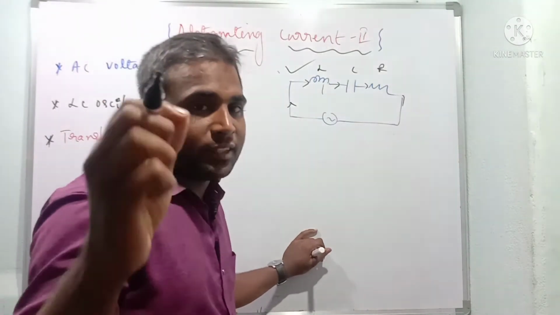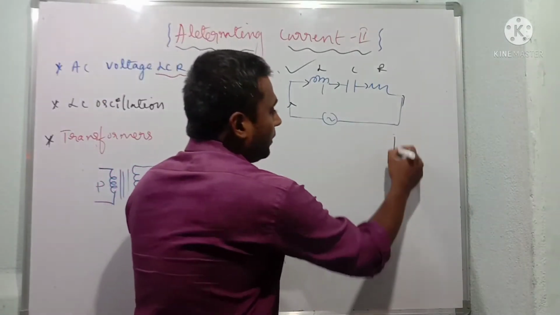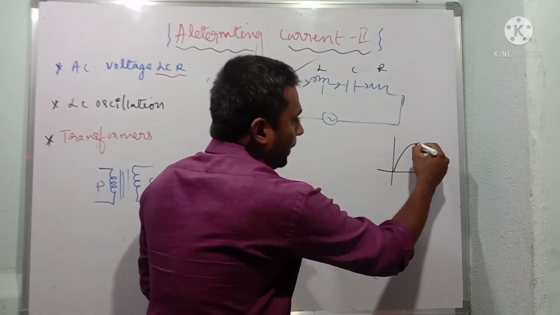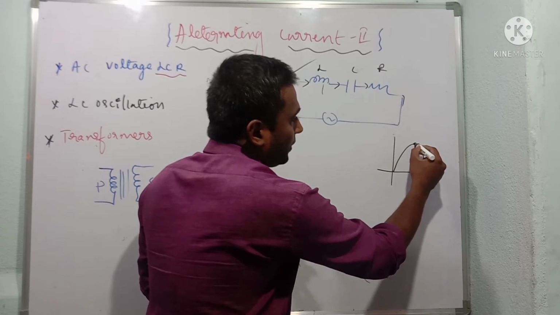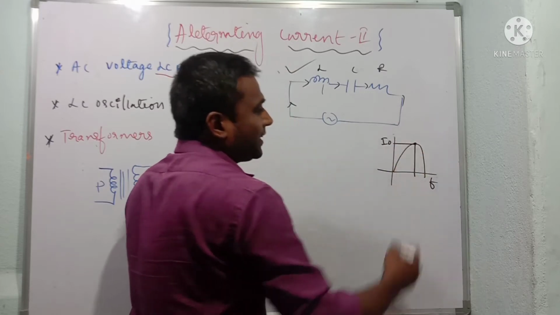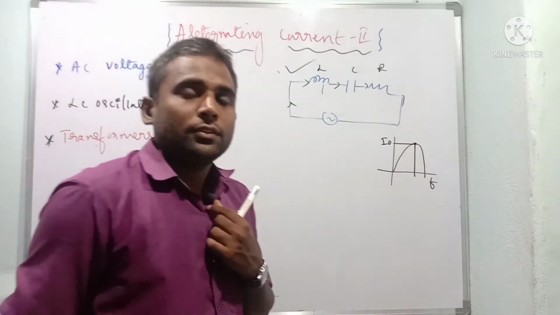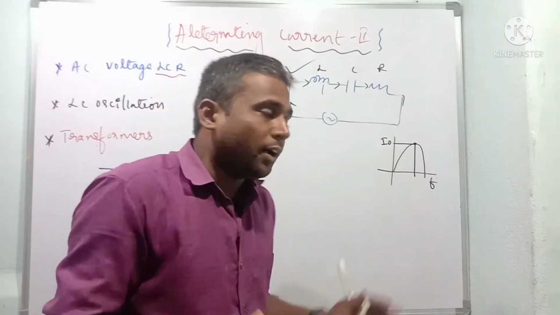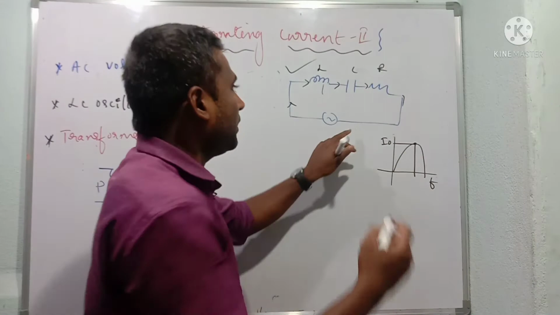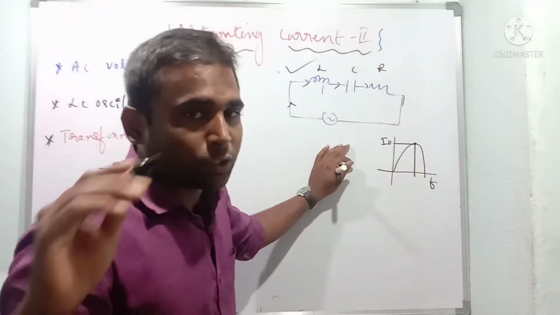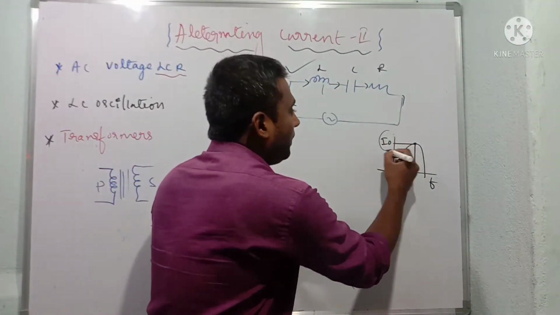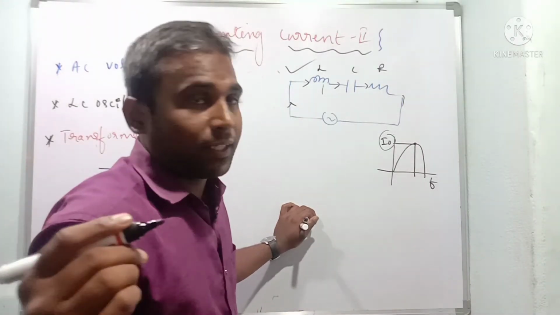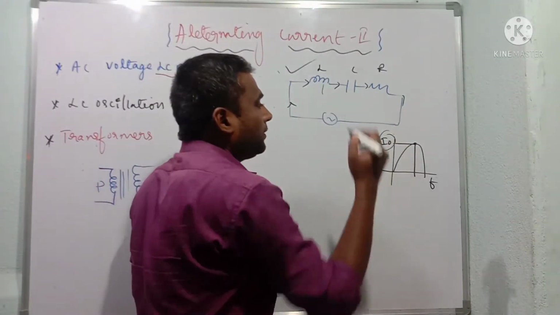At a particular frequency, if I take a graph of frequency, the current becomes maximum. That is called the resonant frequency, the frequency of AC at which current becomes maximum in the circuit. That is I naught, as I told you, the peak current. So this is called a resonant circuit.